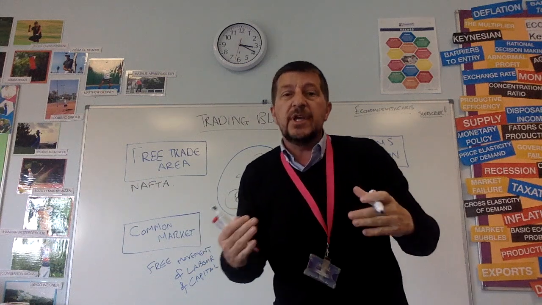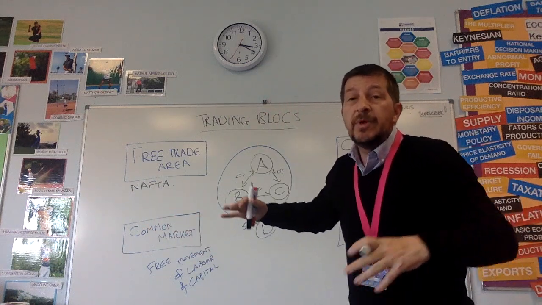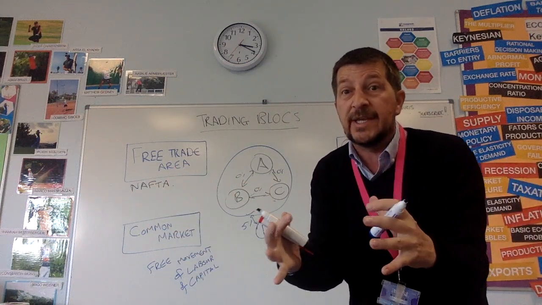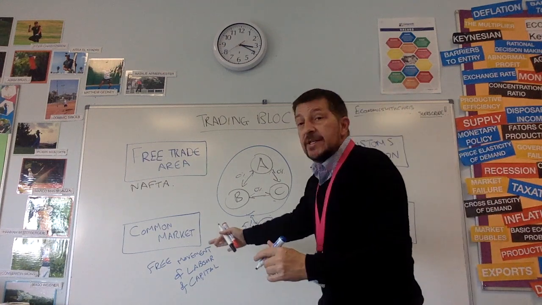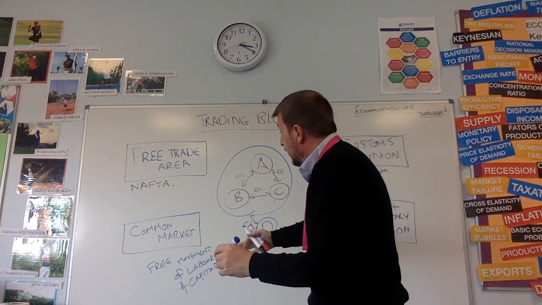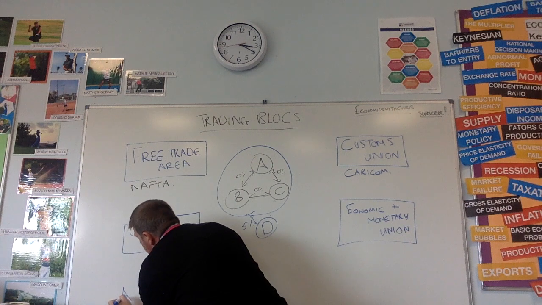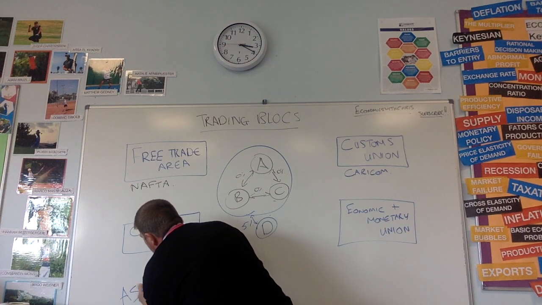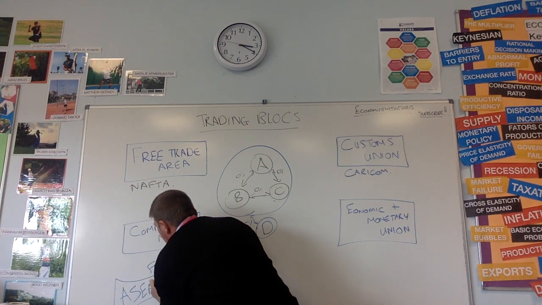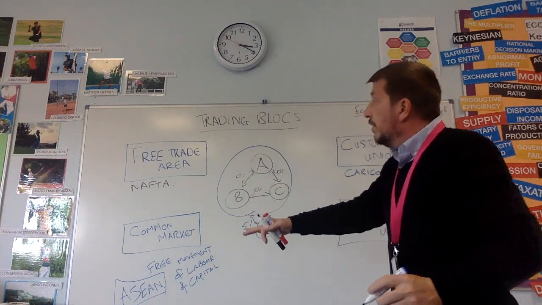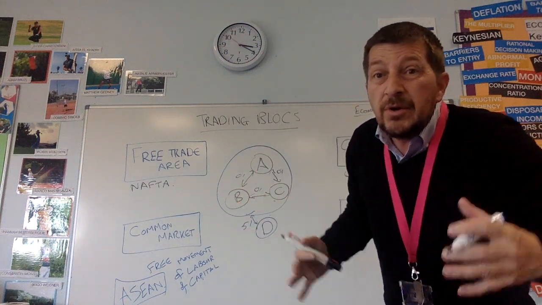So you can start to see that these economies are becoming even more integrated together, right? A good example of this is the Association of Southeast Asian Nations, okay? And you've got quite big economies in there.